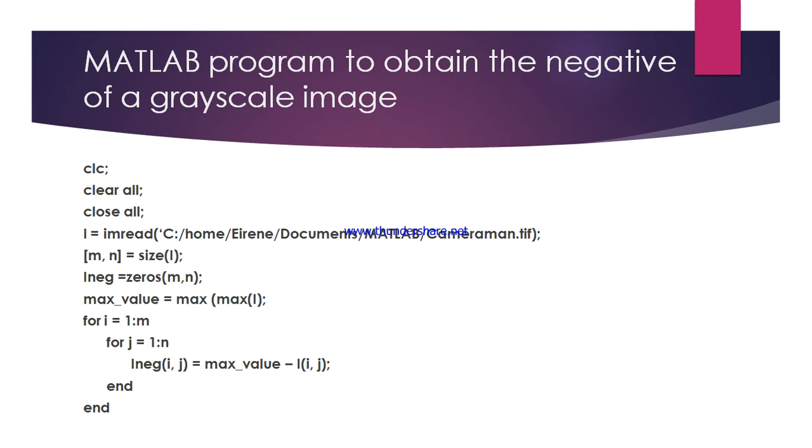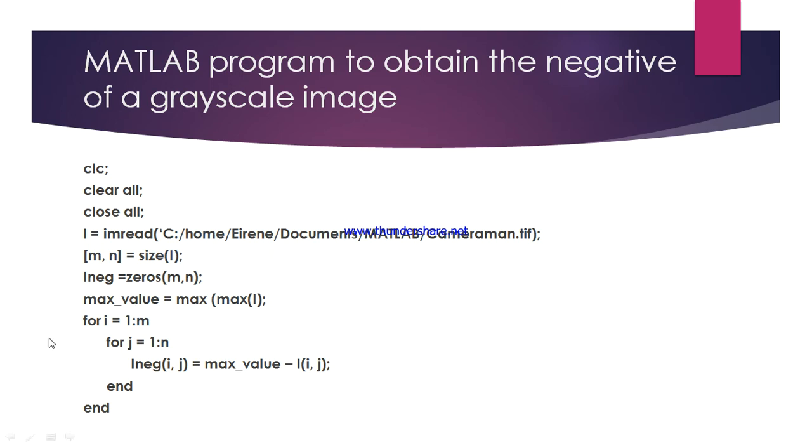The purpose of using max two times is that it gives me the highest valued pixel present in the original image. If I had used a single max, it would have returned the position of the highest valued pixel as well as its value, but I am only interested in the highest value and not the position. So I am using max two times here.